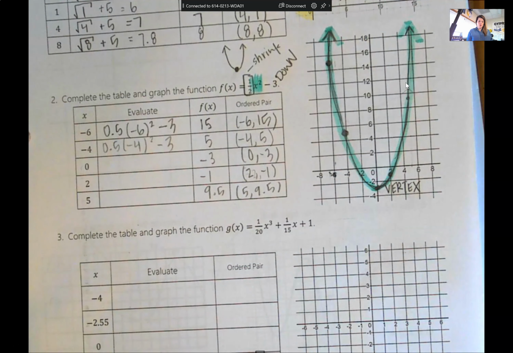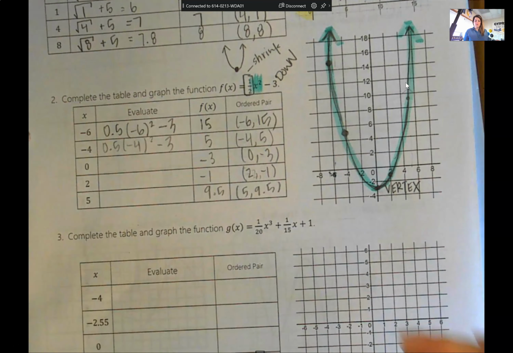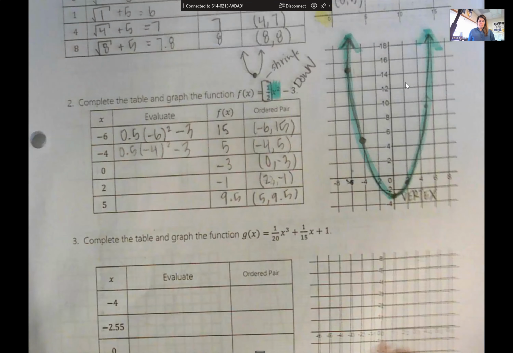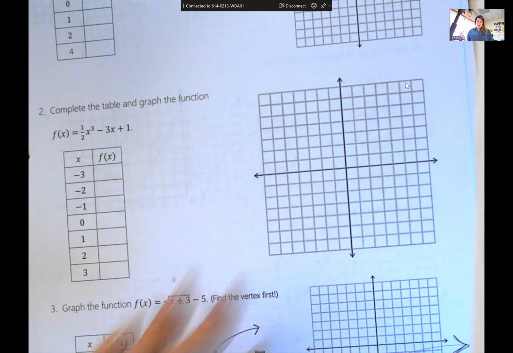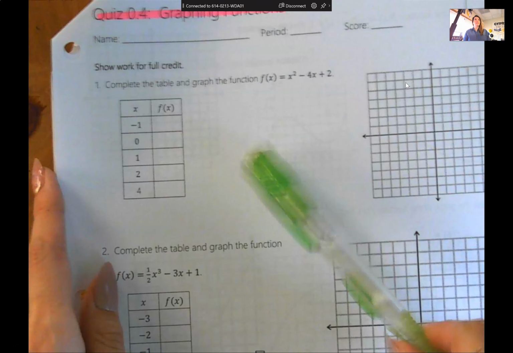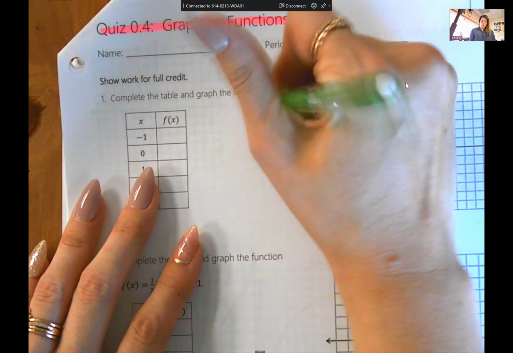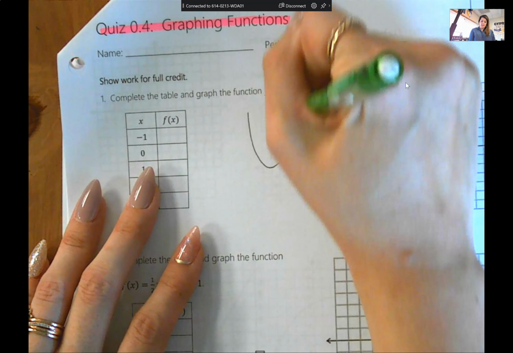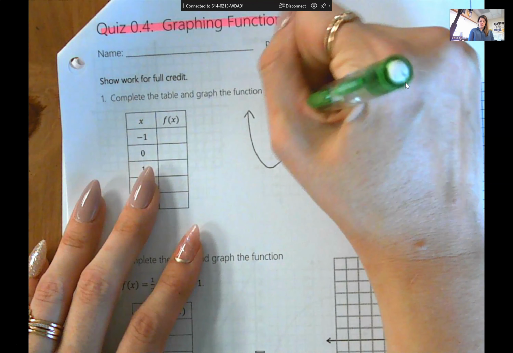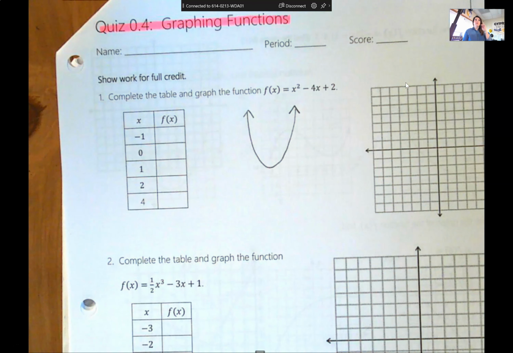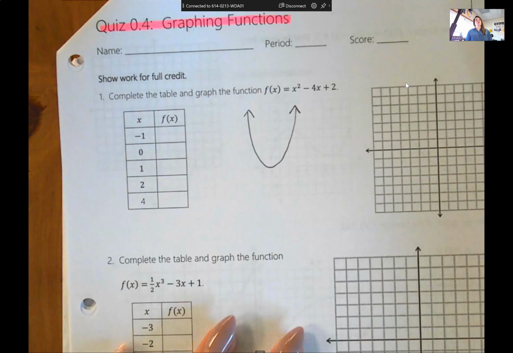You're okay on that one? Yes, no? So number 1 on your quiz is going to be the same idea. You have a parabola that's had some transformation happen to it.